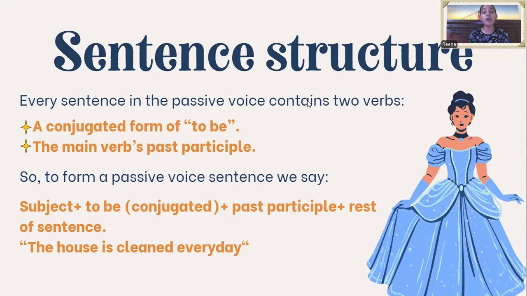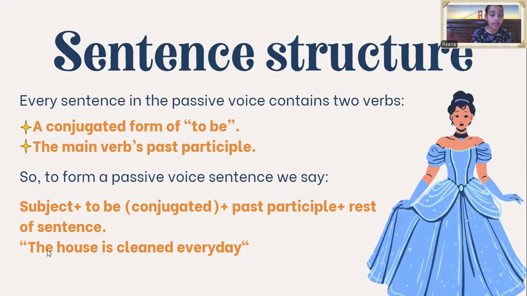If you want to form the passive voice, it will contain two verbs: a conjugated form of to be and the main verb's past participle. So to form a passive voice sentence, we say subject, the conjugated form of to be, past participle, and then the rest of the sentence, object, whatever you want to say.